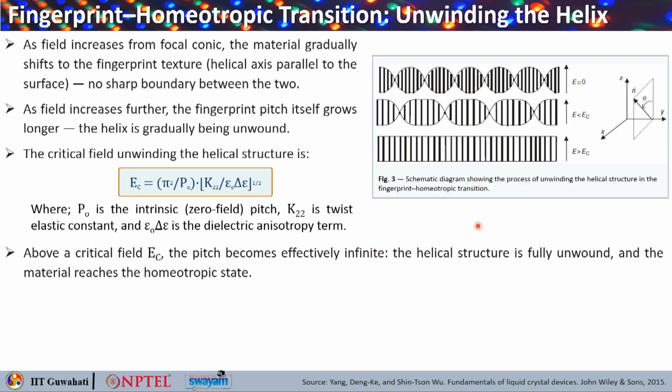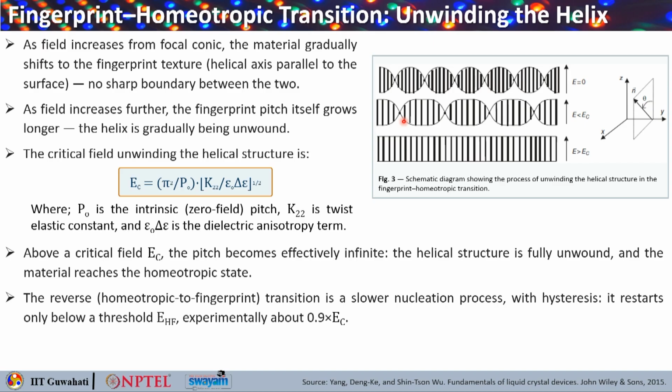Now what you see here above a critical field EC, this unwinding field, is that the pitch becomes effectively infinite. That means your helical structure is fully unwound and the material has basically reached a homeotropic state.